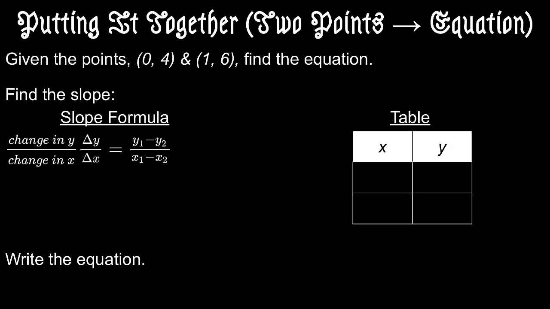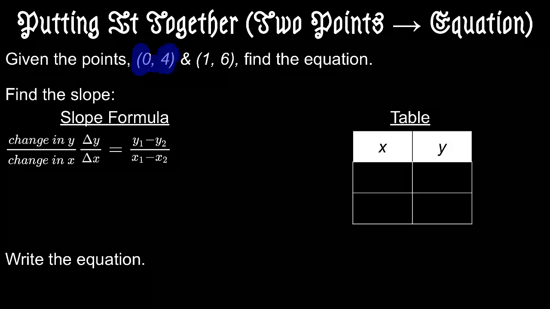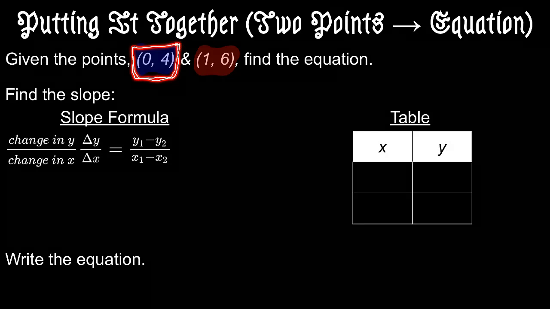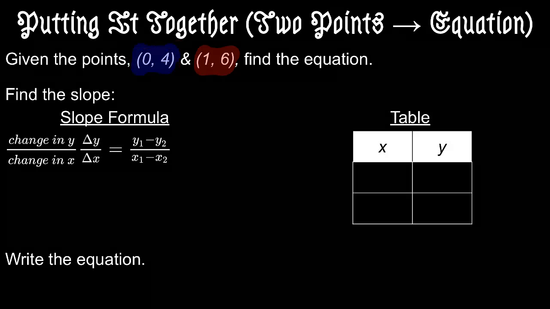So when you're given 2 points, so this blue one and this red one, it wants you to find an equation. Notice that this point right here has an x value of 0. That means that that point is our y-intercept.